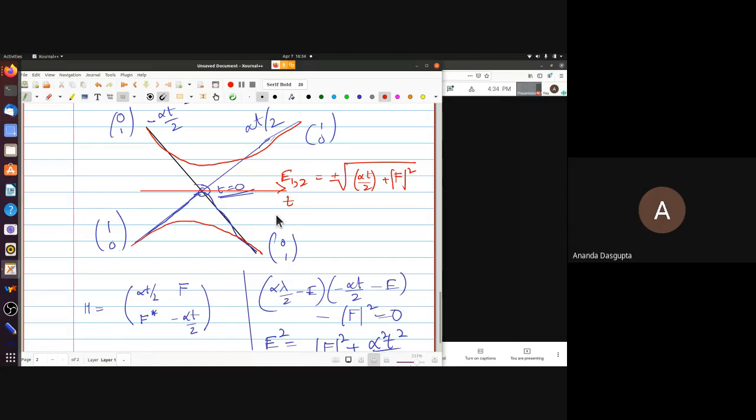But can anybody tell me, will the energy eigenvectors be dependent on time now? Earlier they weren't, right? 1, 0 or 0, 1. Will the energy eigenvectors depend on time now? Simple question, yes or no?